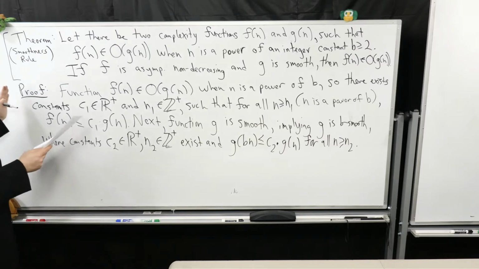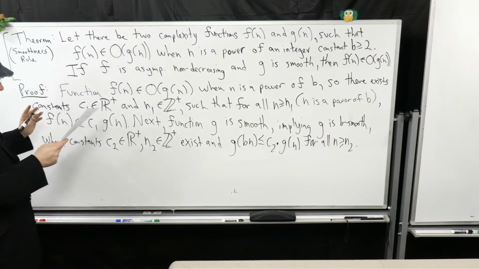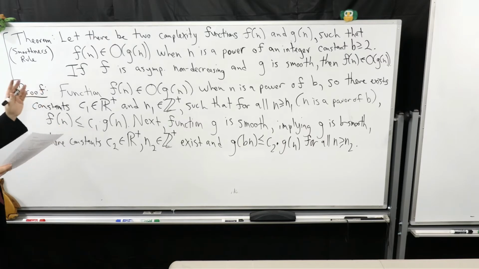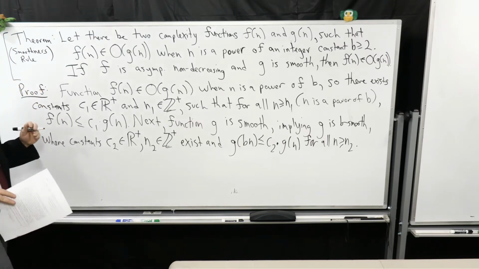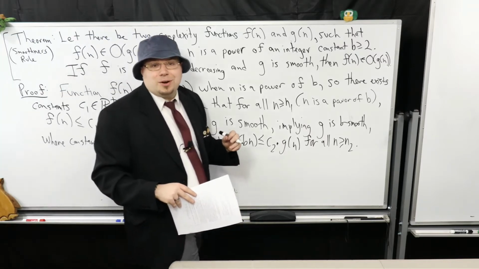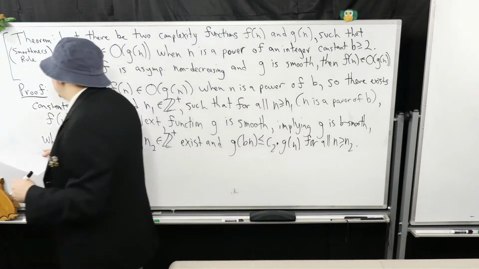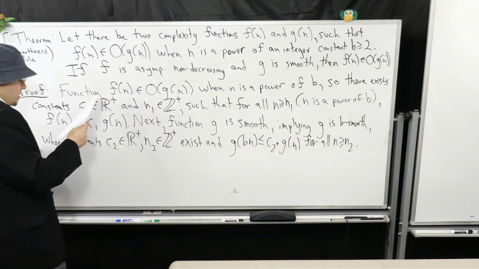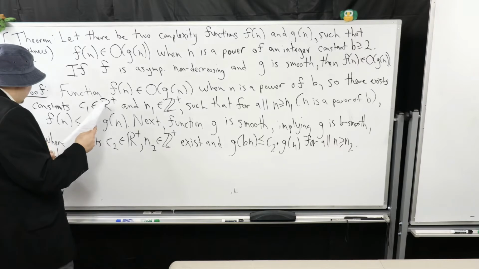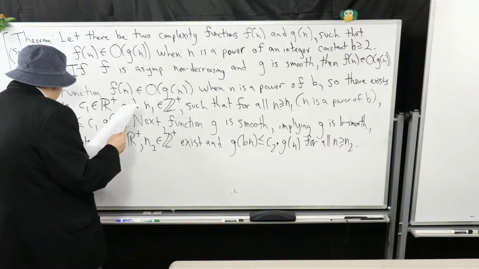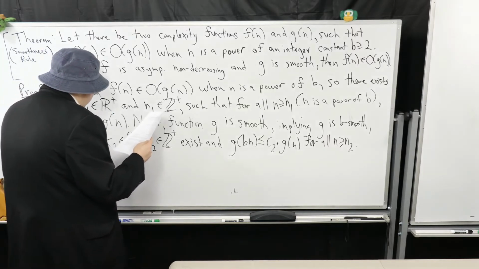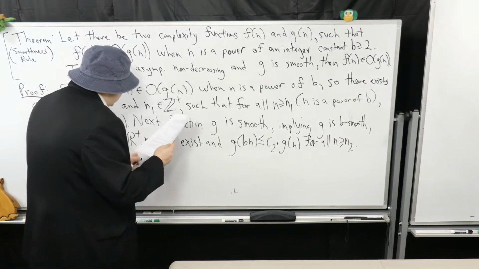So I have these two pieces, but I also need to note that f and g are both asymptotically non-decreasing, right? They have to be. That's part of their definition. So I'm going to need some more constants to play around with.